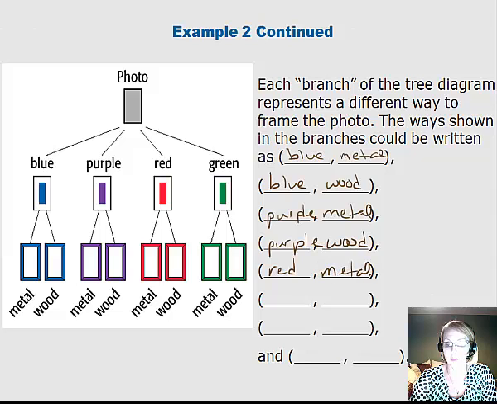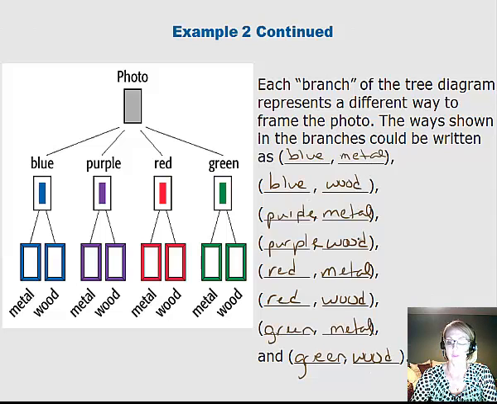You should see a pattern here. And red and wood. Green and metal. And green and wood. And let's count. 1, 2, 3, 4, 5, 6, 7, 8 different options.